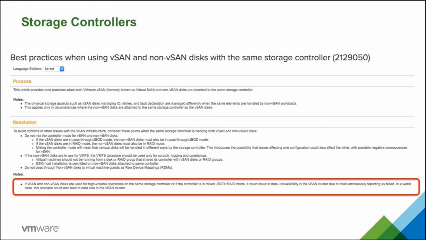If you enable the customer improvement program and the online health check, you're going to get to this knowledge base article. And at the bottom of this article, in a worst case situation, this scenario could also lead to data loss inside your whole vSAN cluster. We have seen this configuration at one customer site, and they lost all the data. Then they opened a ticket, and support said, hey, what are you doing there? It's an unsupported configuration. Don't do this.